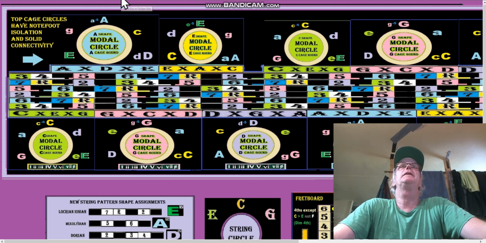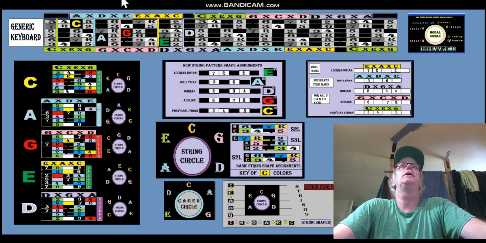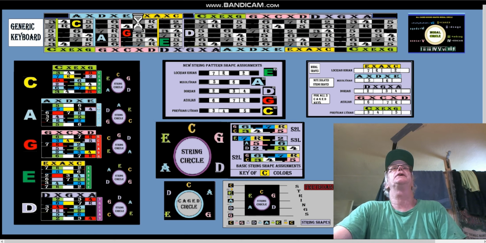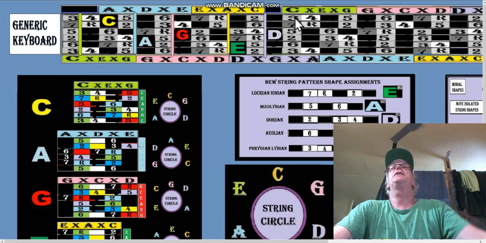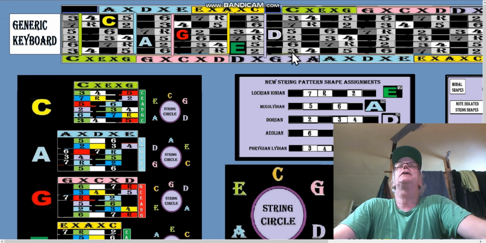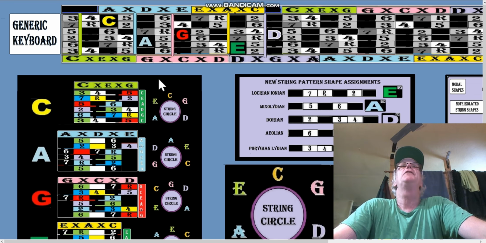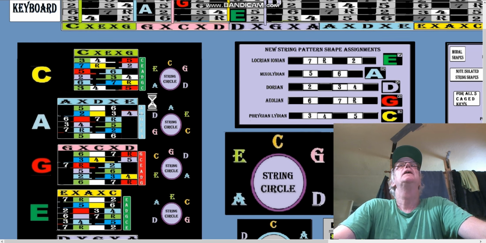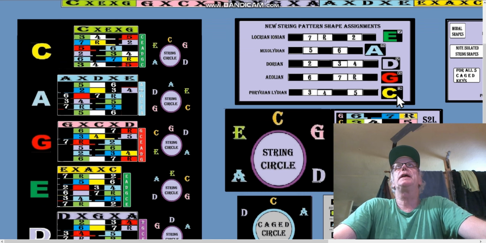Now that leads me to wonder about what we were just looking at here, because you could see that this C over here, the numbering here, is 3, 4, 5. But if we look at the C-shaped string, here's your string, 3, 4, 5 generic.